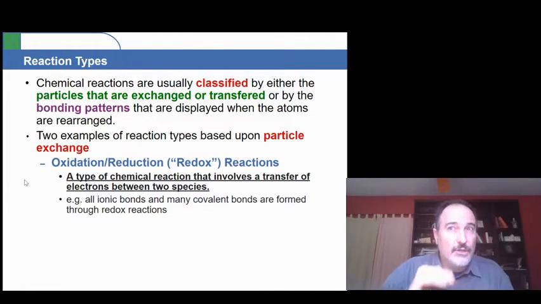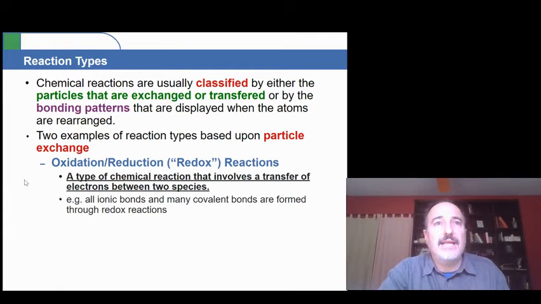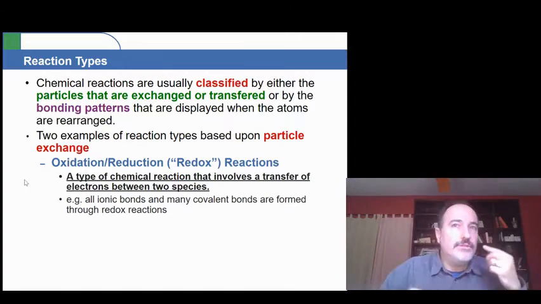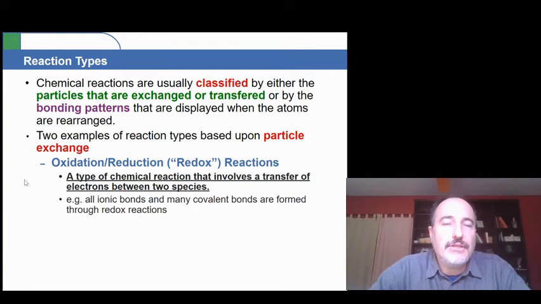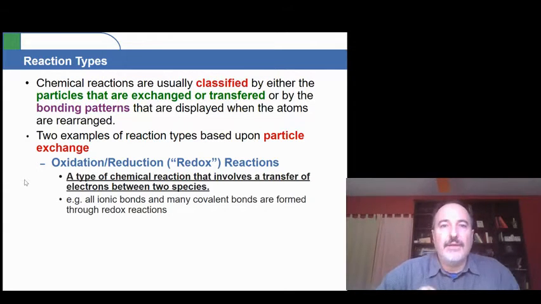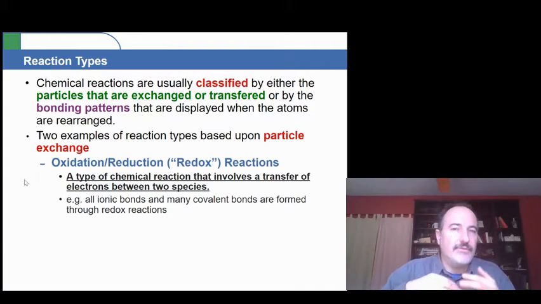But a little bit more complex is that many covalent bonds also can be considered, even though they're sharing, a transfer of sorts of electrons if you are forming a polar covalent bond. So even though it's not a complete transfer, there's still a motion of electrons.